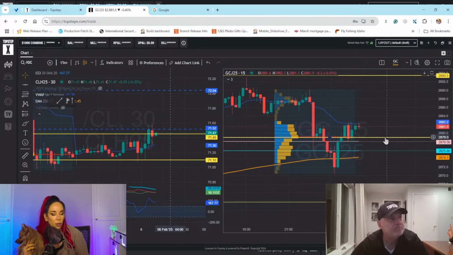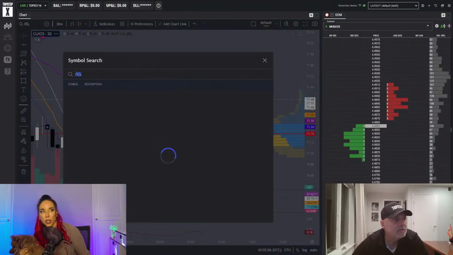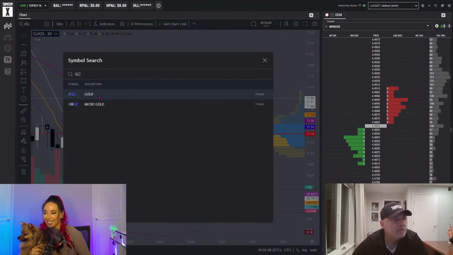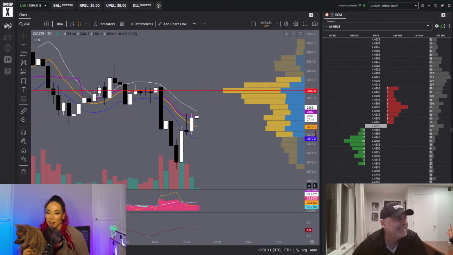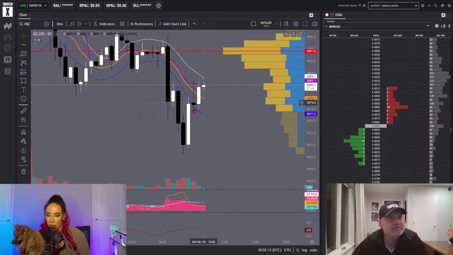For London, we do have an attempt at a sustained auction higher, which would be with the overall trend. So let me just switch here. Stop wriggling. This is overnight VWAP. That's what I'm seeing here.